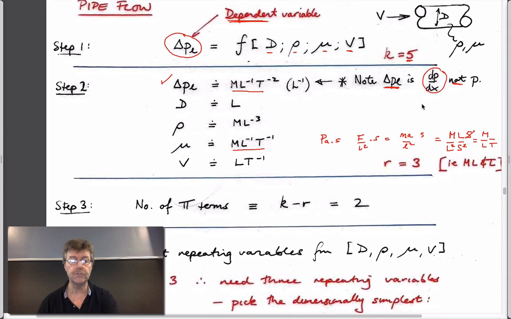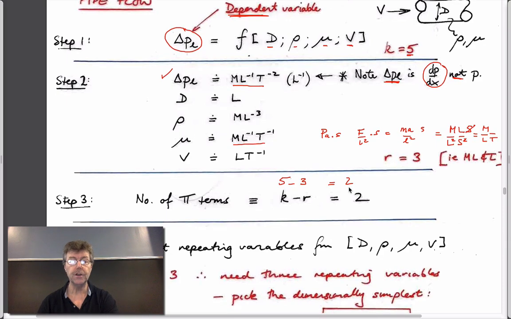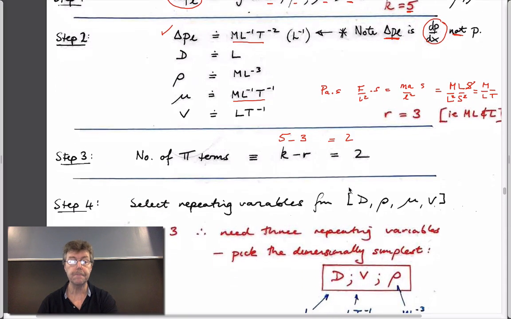Doesn't matter, we've just grouped it. And we know as a result of this, because we have 5 of these terms and we have mass, length and time all represented, then 5 minus 3 is equal to 2. So we know that we're going to get 2 pi terms.